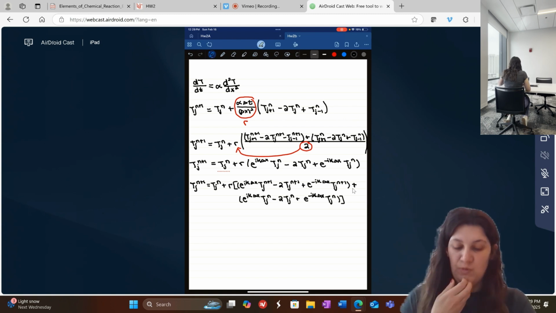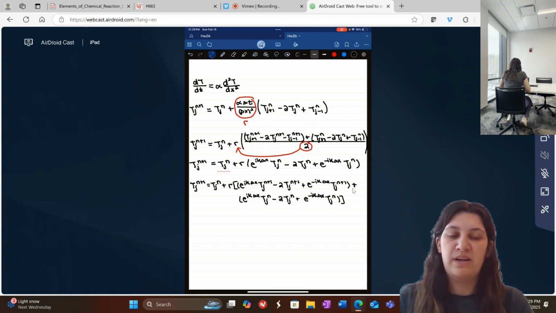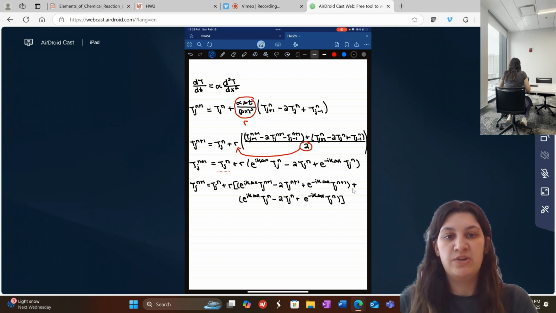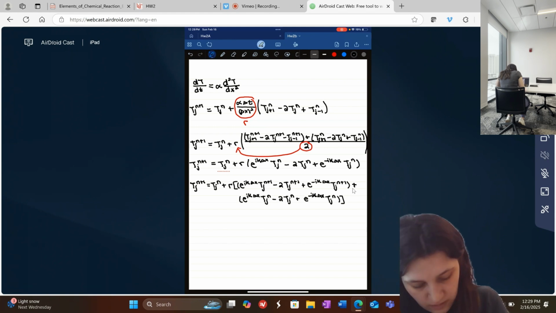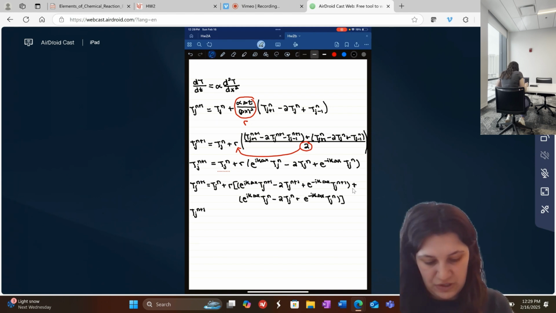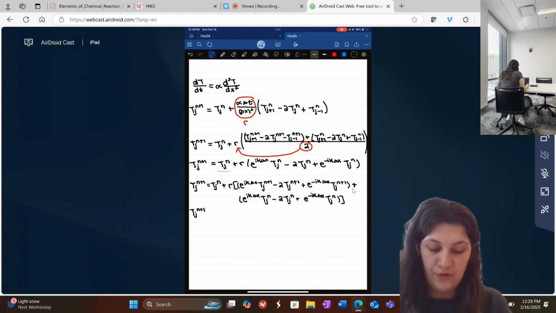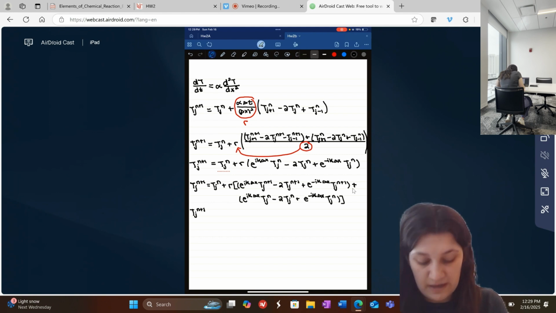Now what we want to do is separate our Tj n+1 and our Tj n terms. We're going to put our Tj n+1 terms on the left-hand side of the equation and our Tj n terms on the right-hand side. And since there's a Tj n+1 term on all of these, we can factor that out.